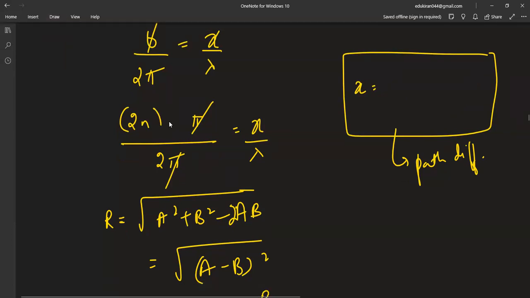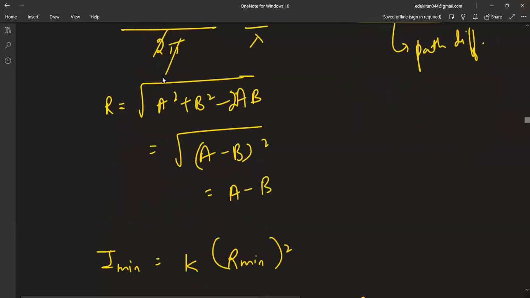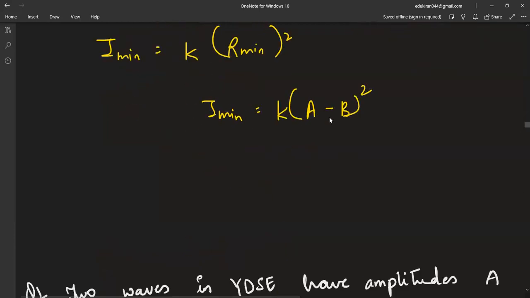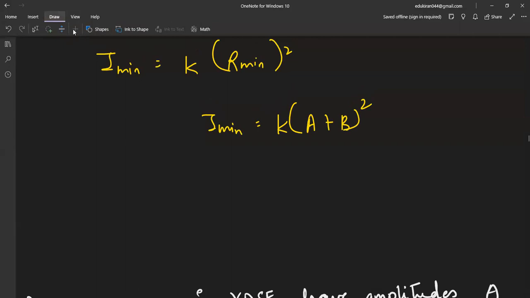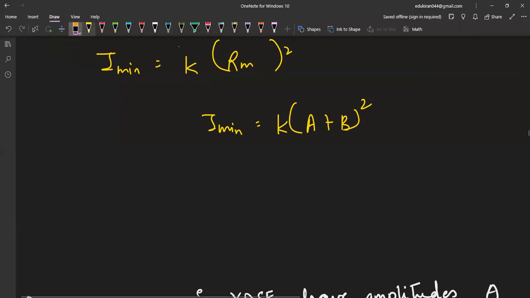This is 2n pi, so 2 will also be cancelled. X is equal to n lambda. This is the path difference. So when we put 1, this will be +1, and here this will be maximum.